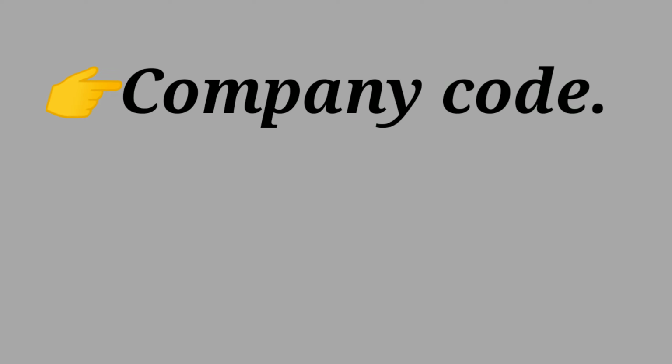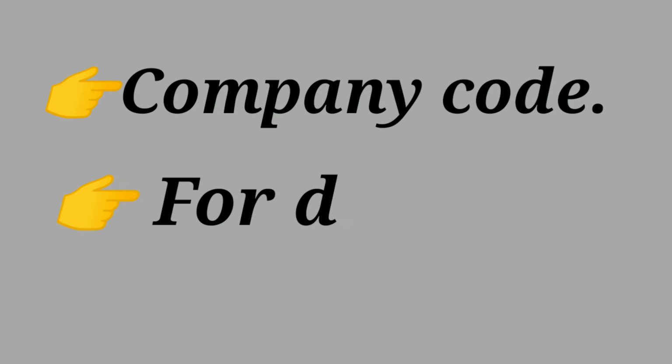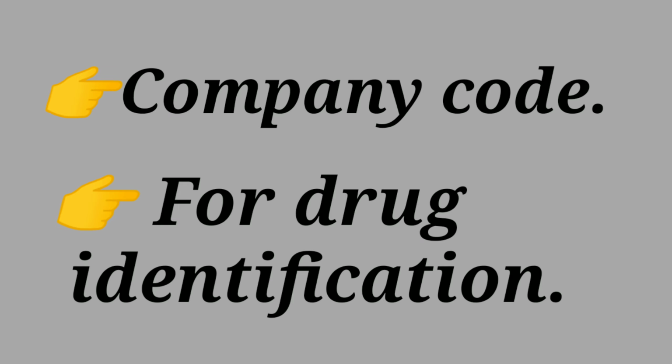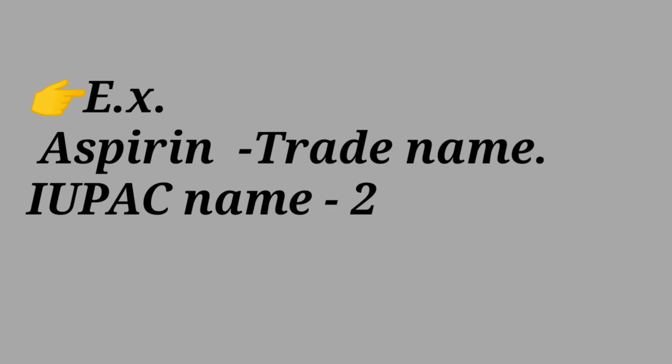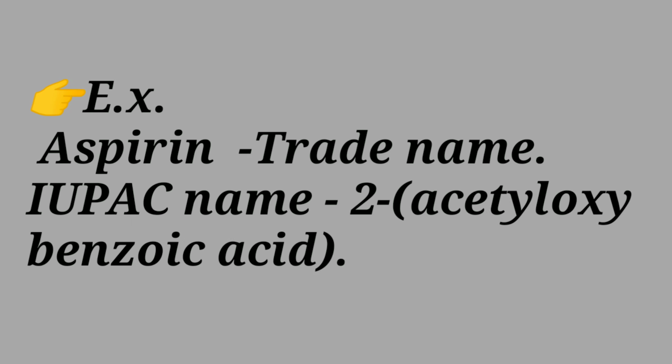So sometimes a company that is developing a drug might give the drug a company code. By using that code, it becomes easier to identify that particular drug. For example, consider aspirin. Its IUPAC name is 2-acetyloxybenzoic acid.